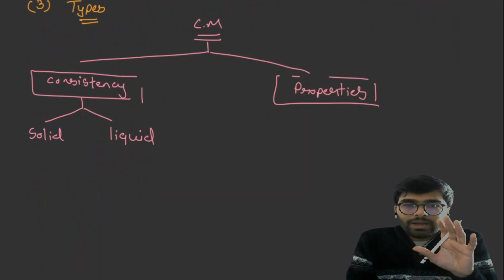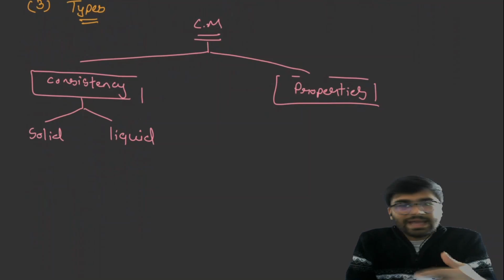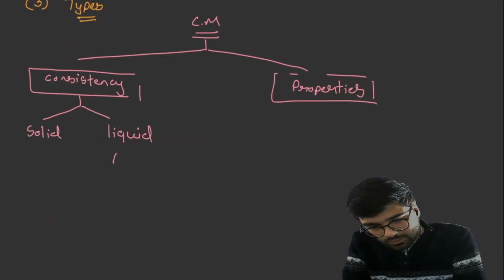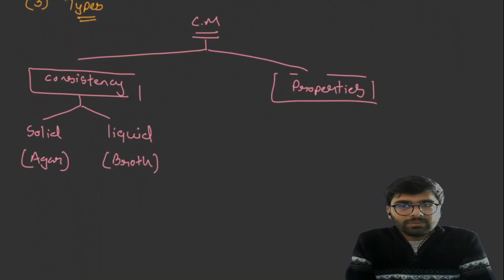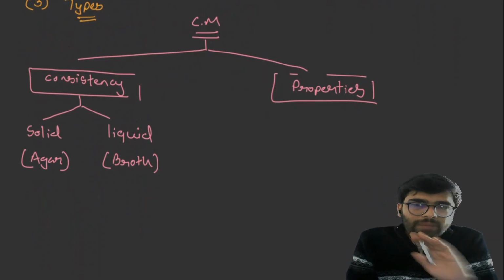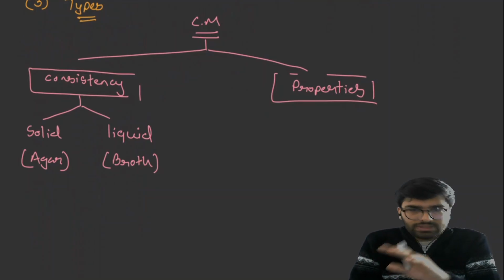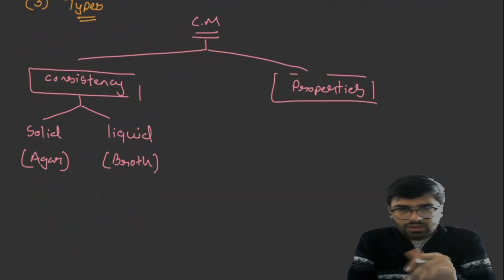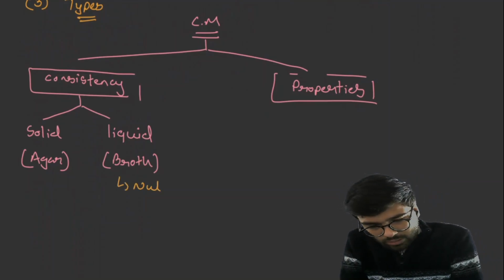Now remember, one important thing is in microbiology we call liquid media as broth and we call solid media as agar. So let me write in bracket, we call liquid as broth and solid as agar. Examples of liquid media is anything which you come across in microbiology that has the name broth in the suffix, or I mean the second word. Okay, so examples are nutrient broth.